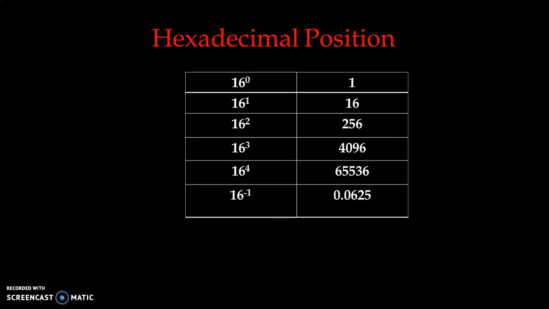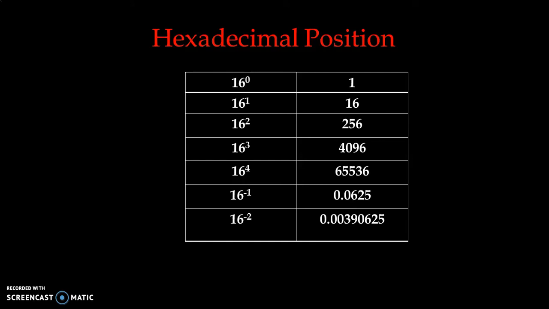We have 16 raised to minus 1. When we say minus 1, we have to take it as 1 divided by 16, so it comes to 0.0625. Then 16 raised to minus 2 is 1 divided by 16 power 2, so 1 divided by 16 multiplied by 16, so it comes to 0.00390625.